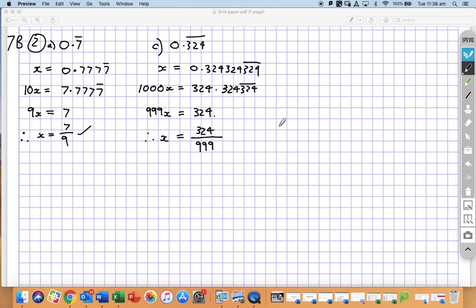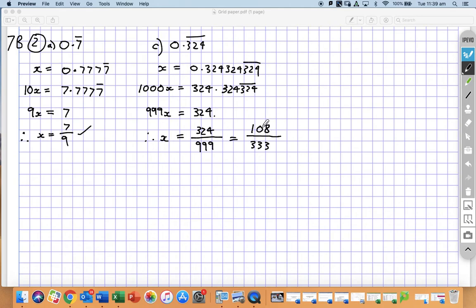The way that I know that 324 divides by 3 is you go 3 plus 2 plus 4 equals 9. And if this number divides by 3, the whole thing divides by 3. How would I divide that by 3? Divide 300 by 3, it's 100. Divide 24 by 3, and you're left with 8. 108.